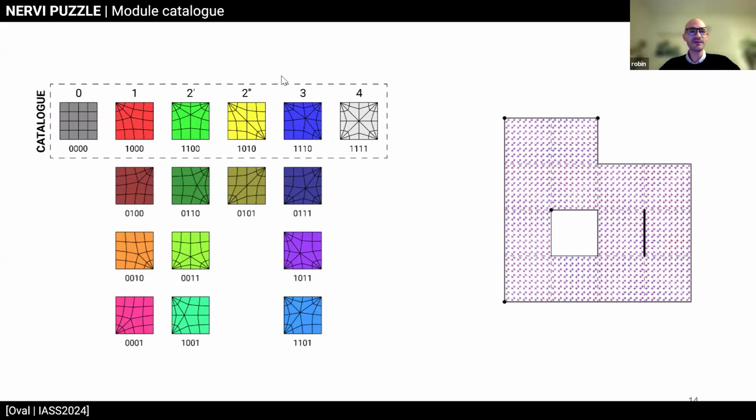A bigger catalog would add possibilities, but if you have to deal with 10 blocks, it increases the complexity of the design space that you have to explore. It also increases the cost, with the number of modules that you have to produce. So it's a trade-off, mostly here with the key parameter, which is the number of modules that you have in a catalog.